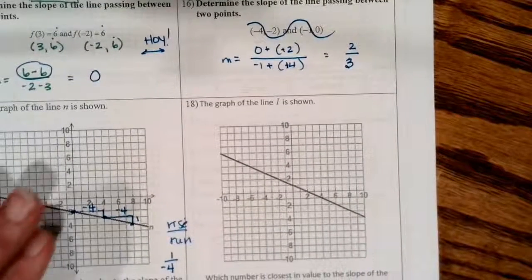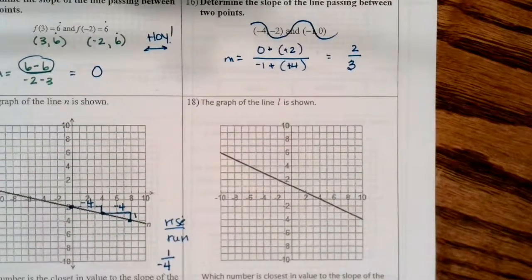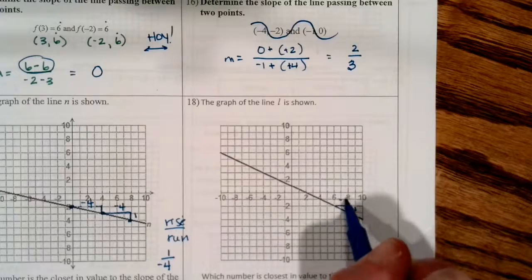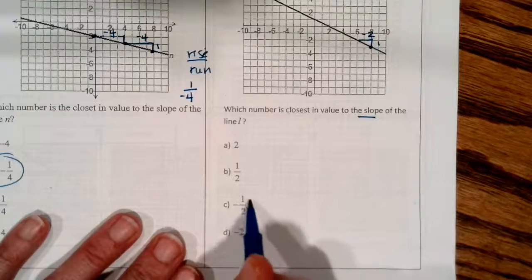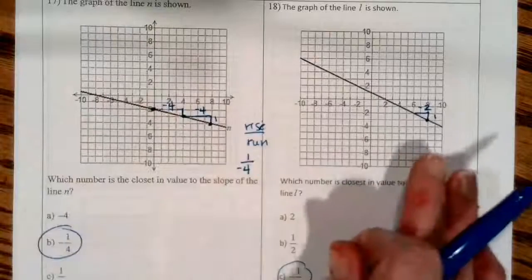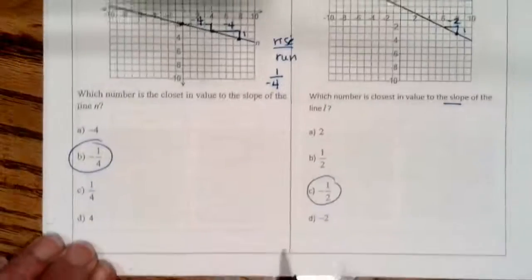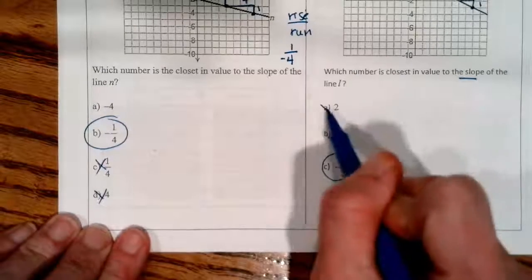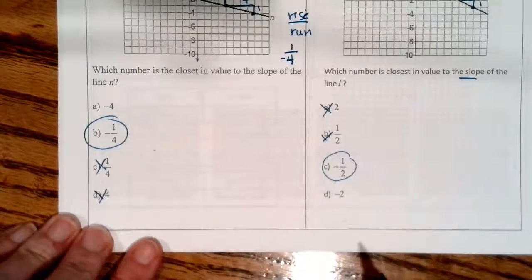All right, the graph of line L is shown. Which is the closest value to the slope? I have a negative slope, and it looks like a rise over run of negative 1/2. So we'll choose option C. For both of these lines, they are both decreasing, so I know I can cross off any positive slope for each line.